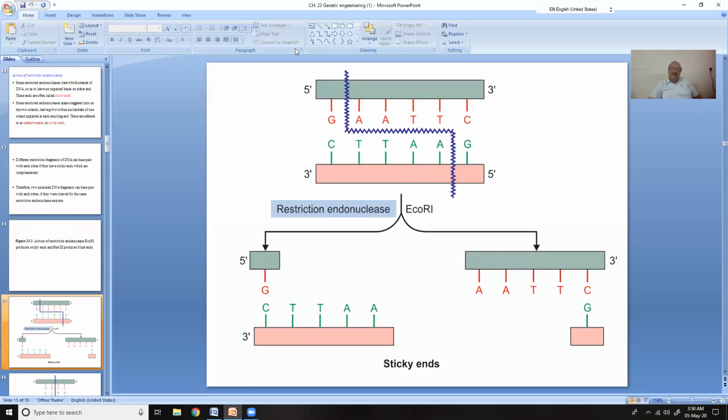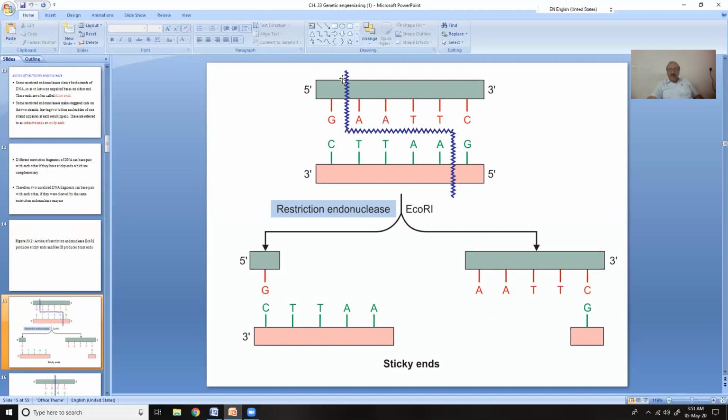You see this? It is a fragment, GAATTC. These are the palindromic sequence.